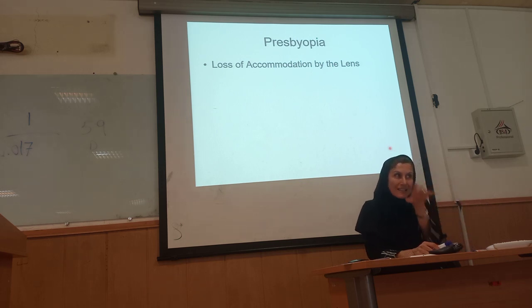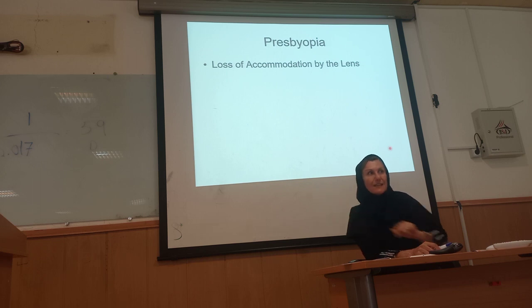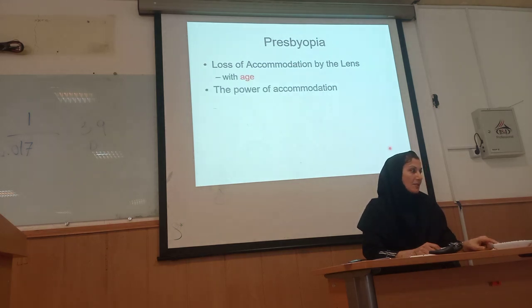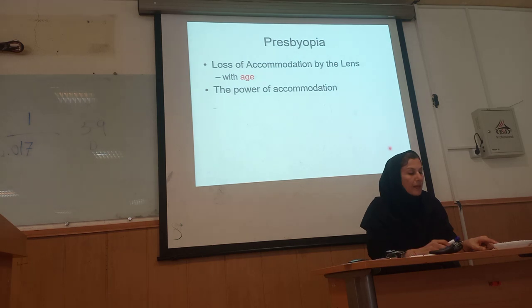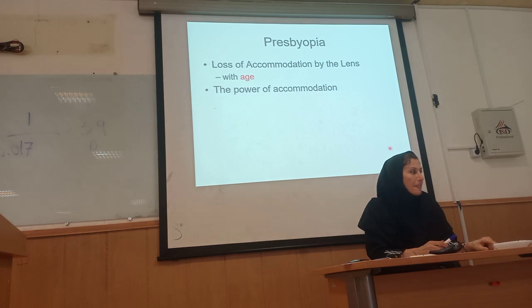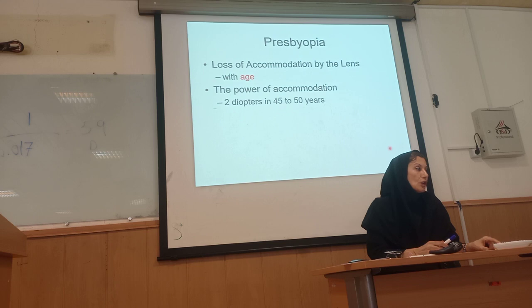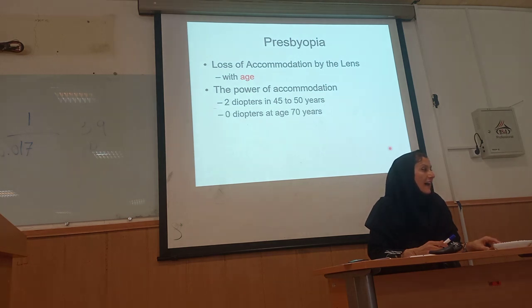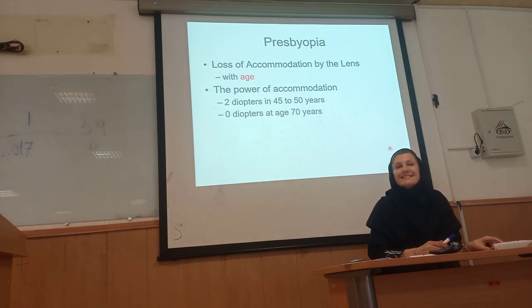It progresses gradually. So it happens with age. As I said, it starts from 40, and it can be about 2 diopters at 45 to 50 years, and 0 diopters at age 70.